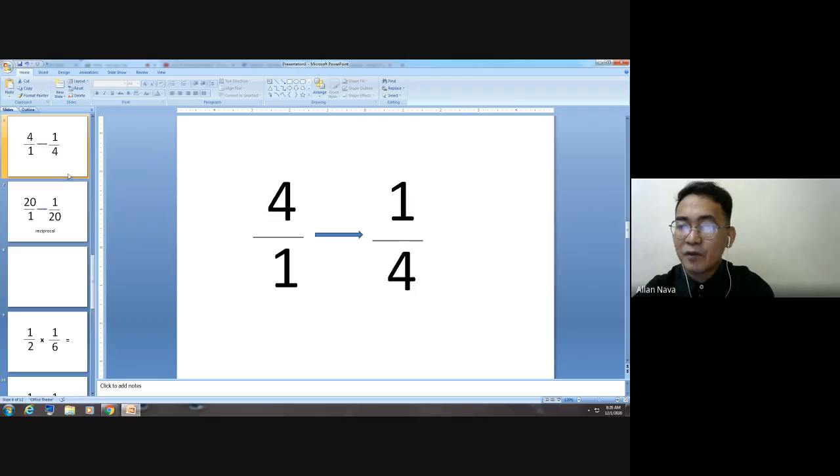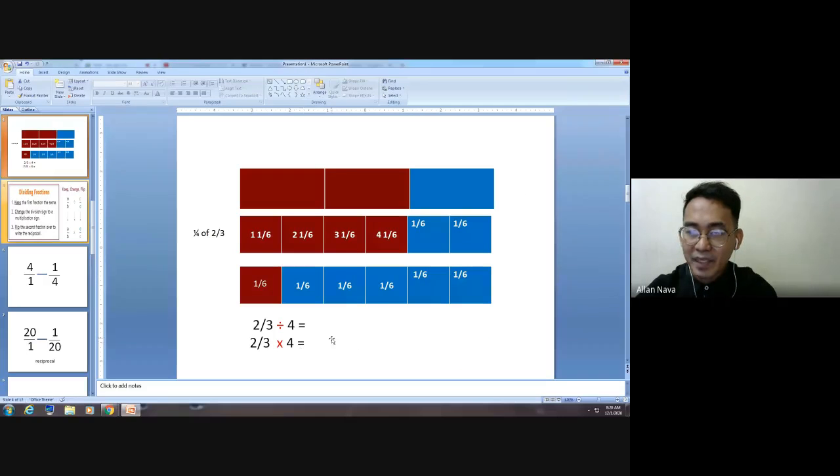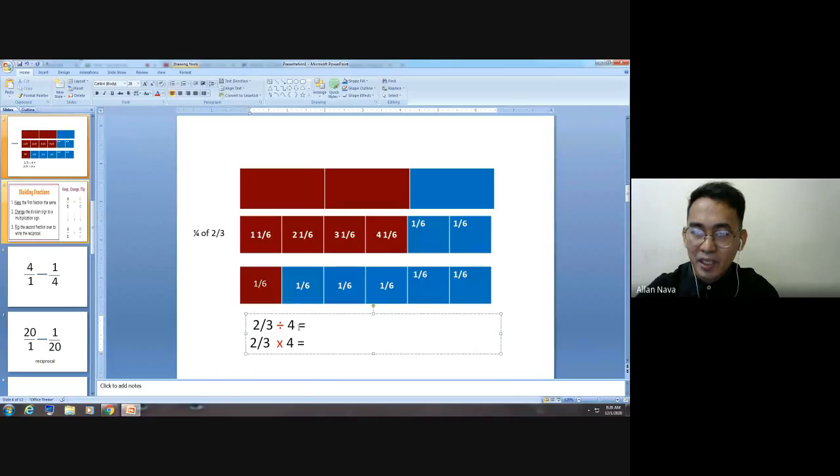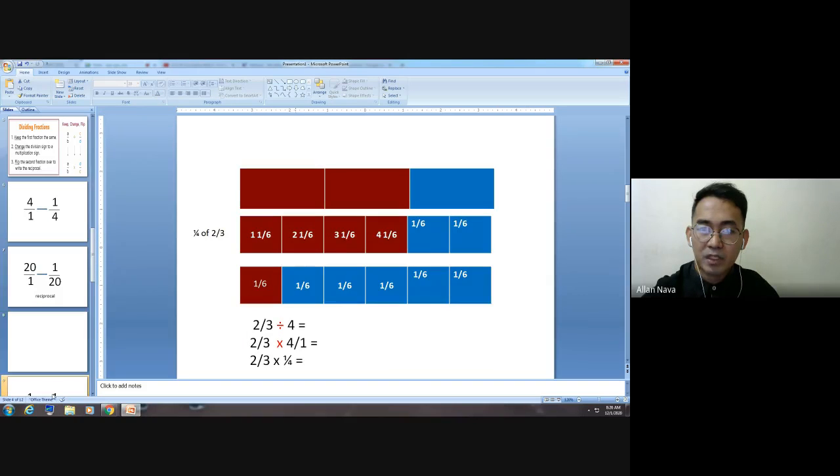Okay? So, if we will go back here, kung ito ay may denominator na 4, so magiging ano yan? 4 over 1. So, pag flip natin, so that is 2/3 times 1 over 4. That's equal to... So, kuha lang ako class ng isang slide dito para maipakita ko.